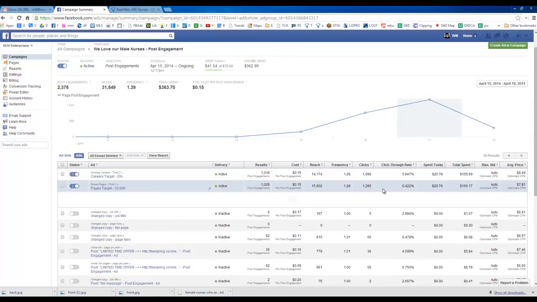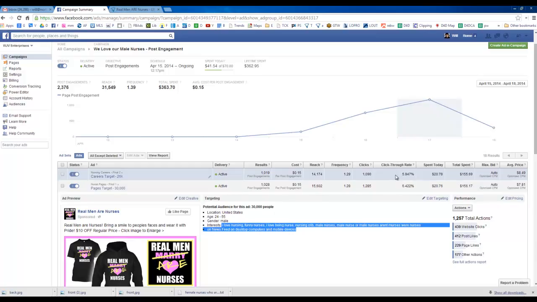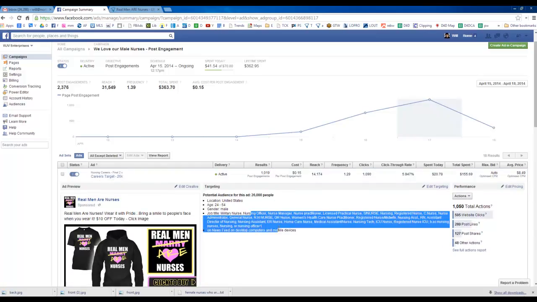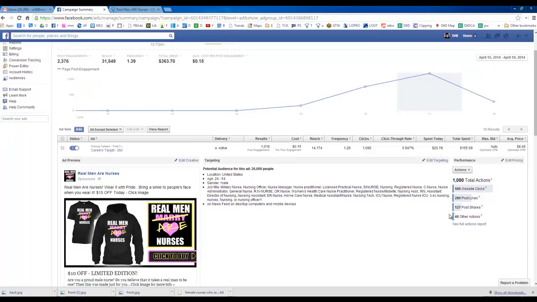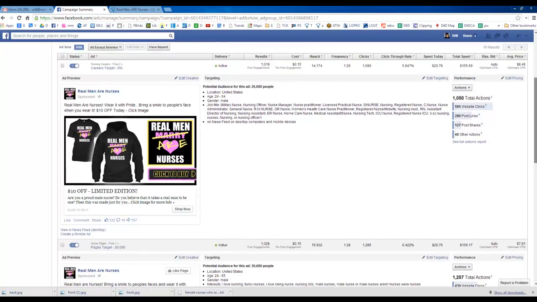And is it staying pretty consistent? The page fans are producing a little better click-through rate, and the job titles are producing a little less, but our job titles are far surpassing clicks to the actual website, even though I believe our reach is about this.